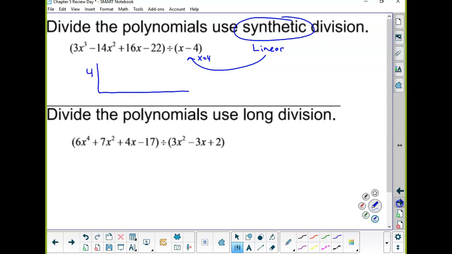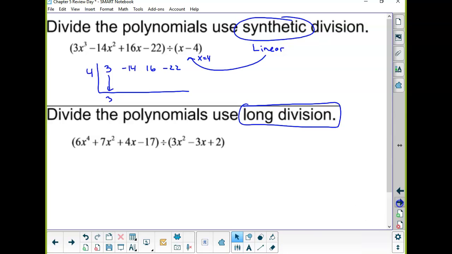And then you're going to take the coefficients, assuming there's nothing missing, and drop the 3 down and then start. So you can review your notes on that. Just remember how to do that. Long division was the one that took a lot longer time, right? So make sure you understand how to do both of those.